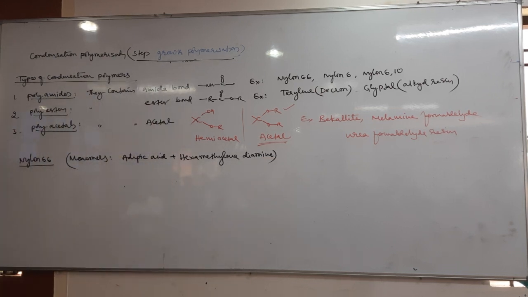Okay, adipic acid, hexamethylene diamine. Tell me, which is adipic acid? Adipic acid is a 6 carbon dicarboxylic acid.